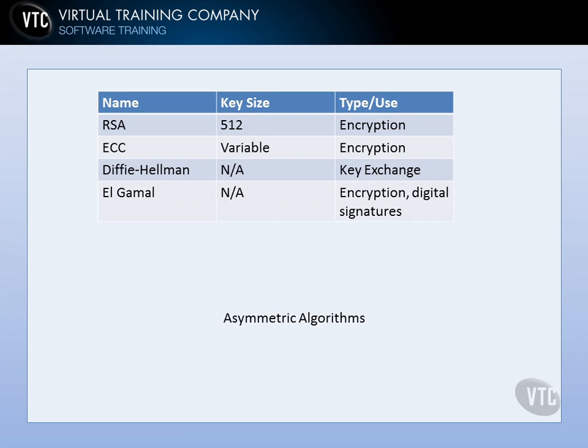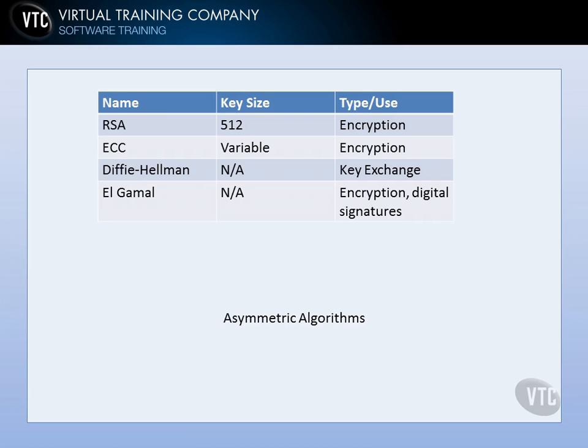And in fact, its key length and the way it actually does its keys is such that even a 128-bit key with ECC is equivalent to like a 3,000 some odd bit key for RSA. So even though it's a 128-bit key, that's still a very large key size for normal encryption for ECC.